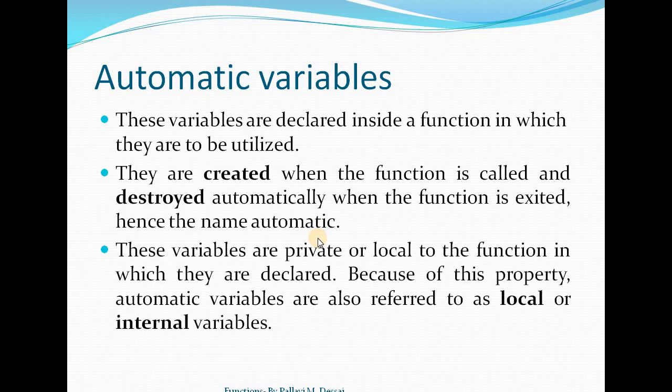These variables are private or local to the function in which they are declared. Because of this property, automatic variables are also referred to as local or internal variables. So we have already used these variables. Only thing is that now we know that they belong to the automatic variable storage class.